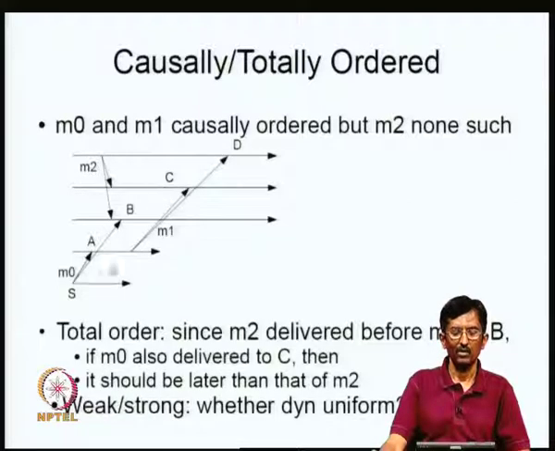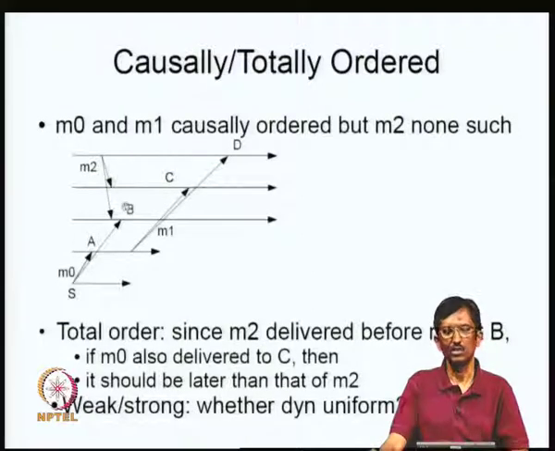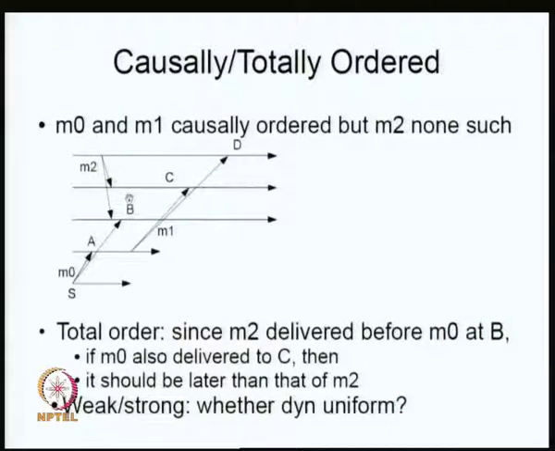Then if M0 is also delivered to C, it should be later than M2, precisely because M2 was delivered before M0 at B. Here you can say M2 has come before M0 at B. Therefore, if M0 is also multicast to C, it should be later than M2. So, in a sense, it has to be a global ordering.